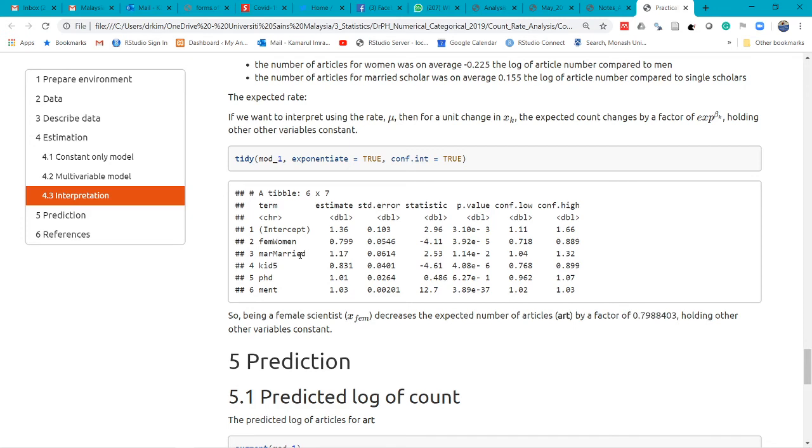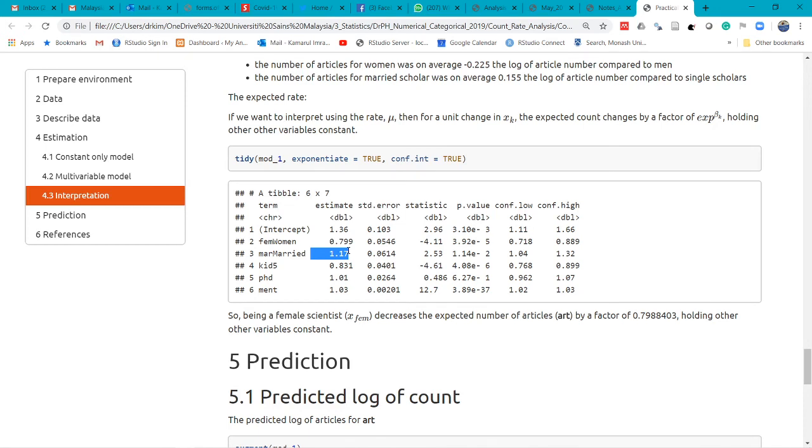If you are married scholars, then the expected number of articles increased in comparison to those who are single, and the increase is at a factor of 1.17.